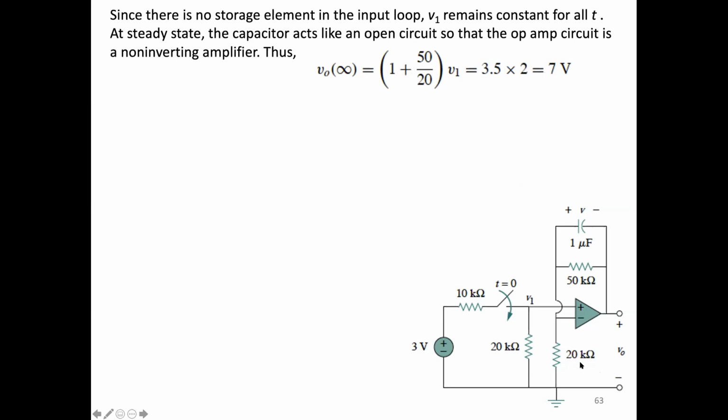Well, R1 is this resistor. So the gain here is just equal to 3.5, and the input is 2 volts. So an input of 2 volts with a gain of 3.5 means that the output at infinity, at steady state, is equal to 7 volts.